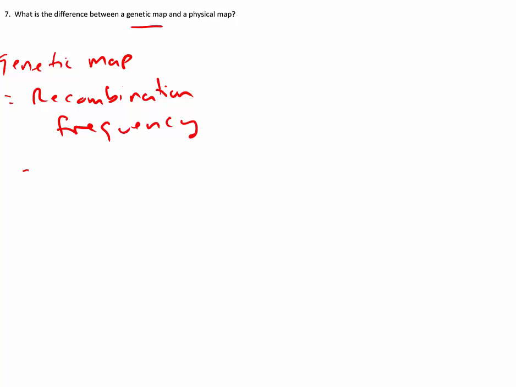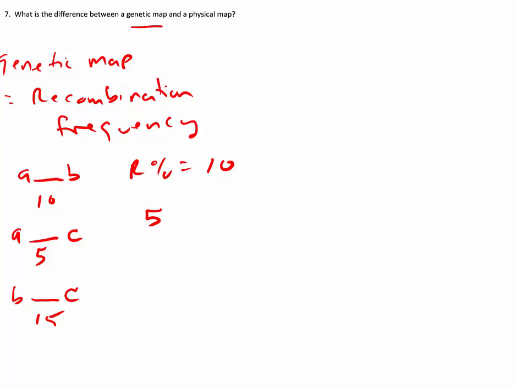So if you've got gene A and B, and we do an experiment, and the recombination percent equals 10, then these are 10 map units apart. If we map A and C, and we get 5, then those are 5 map units apart. If we map B and C, and we get 15, then they're 15 map units apart.